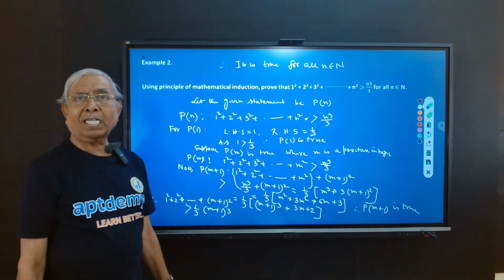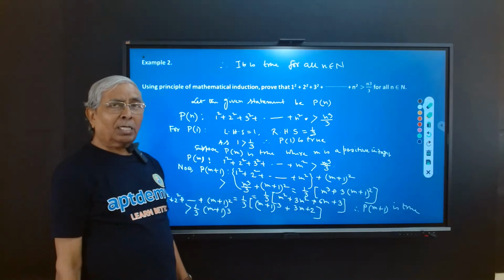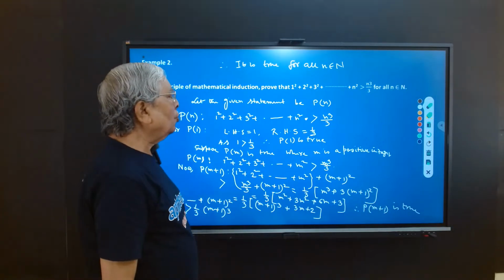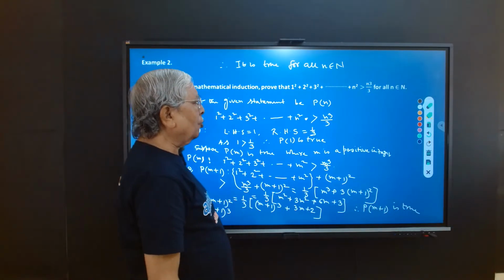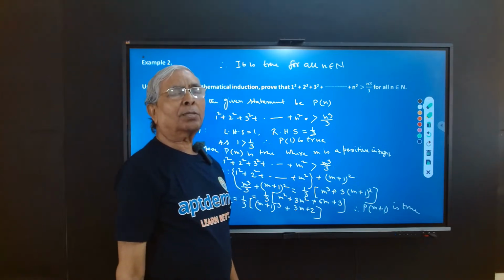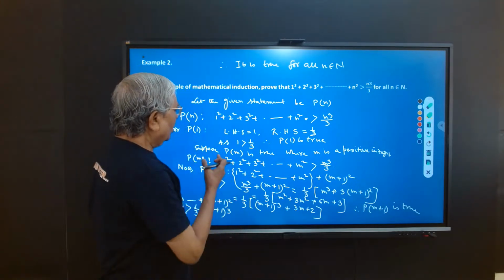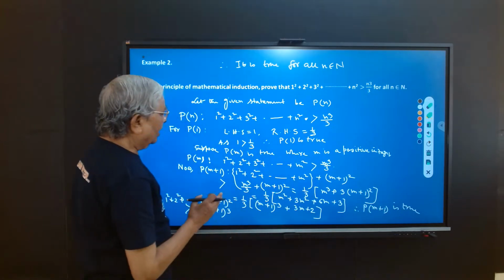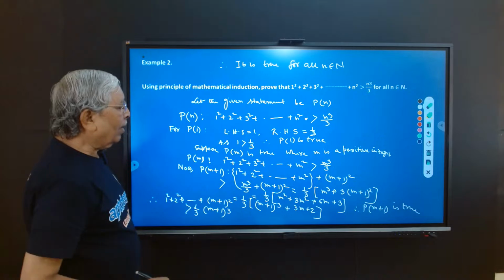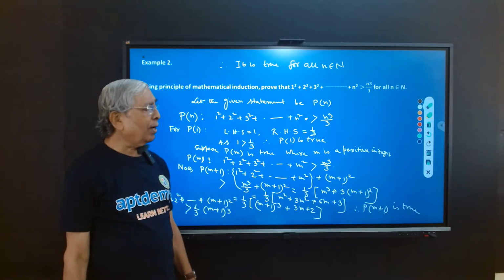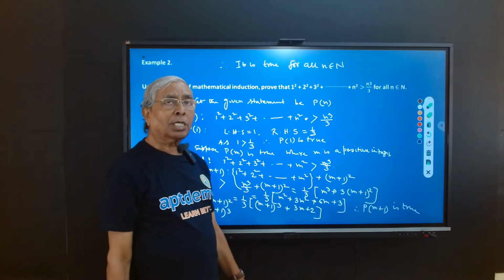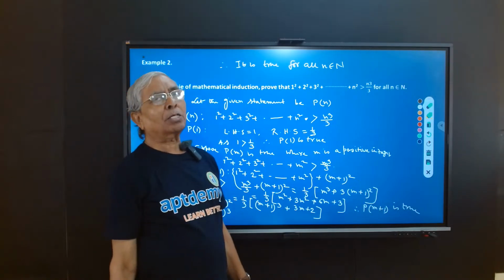The principle of mathematical induction says, supposing that the given relation is true for n equals m, where m is a positive integer, so we have taken that Pm is true. That's why we are given 1 square plus 2 square up to m square is greater than m cubed by 3. From this, you have to show that Pm plus 1 is true.